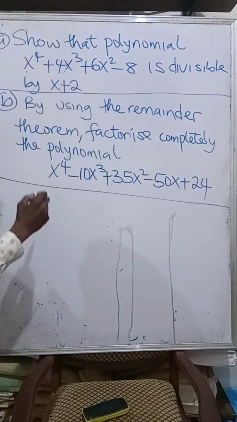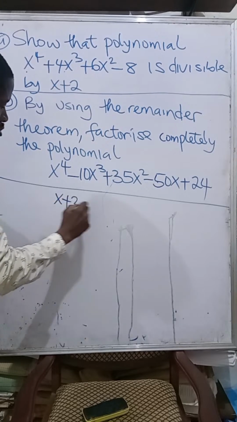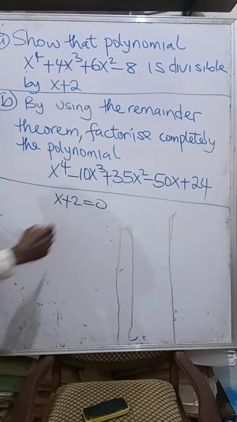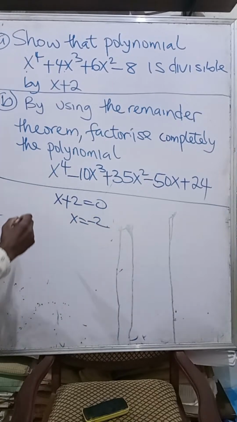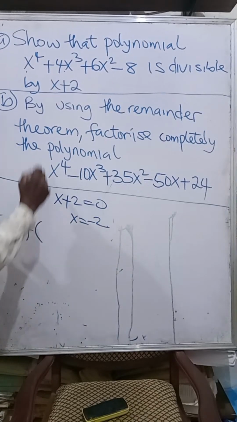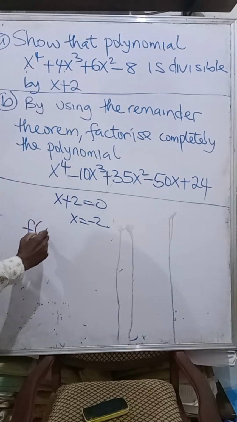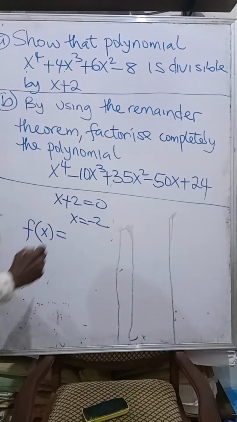What we are going to do, we are going to equate this x plus 2 to 0. And that will give us what? x is equal to what? Minus 2. So you now go to your function. This is f of x. Okay, that's a polynomial.